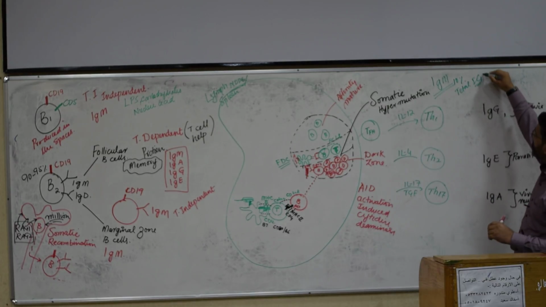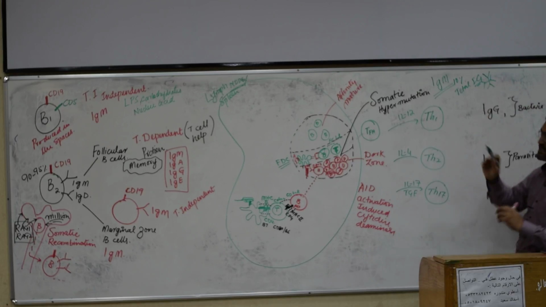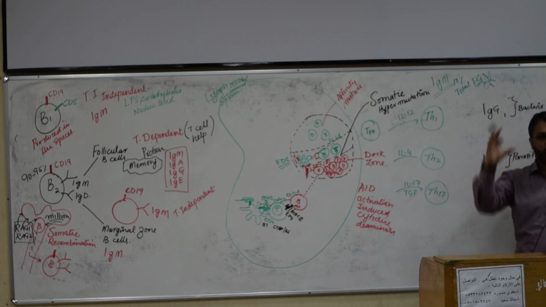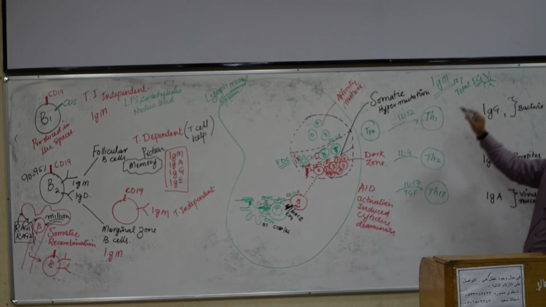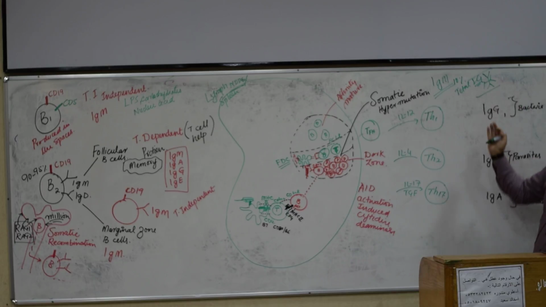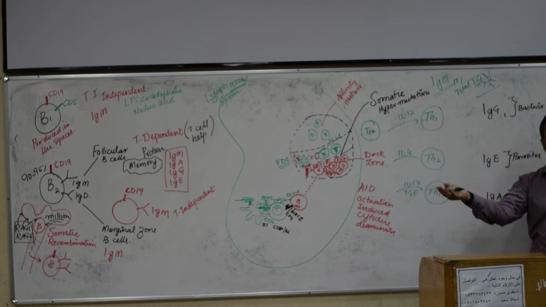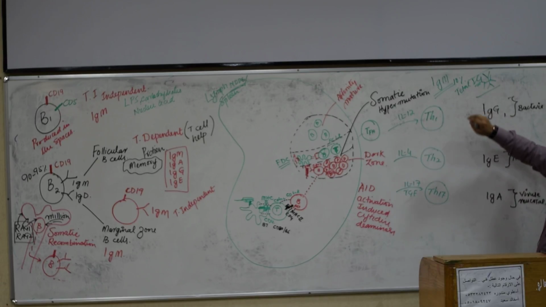Then structure wise, it is pentameric in structure. So it has got 5 monomers, they join together and give it a pentameric structure. And because of its big structure, it cannot leave the blood circulation, so it's most of the time in the blood circulation. It is not found in the extracellular space. So that defines its position.